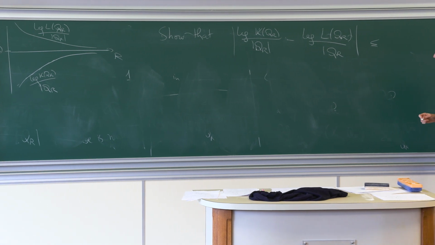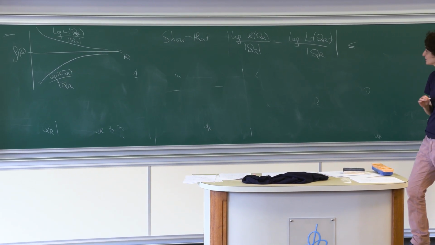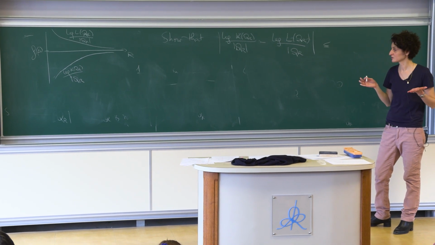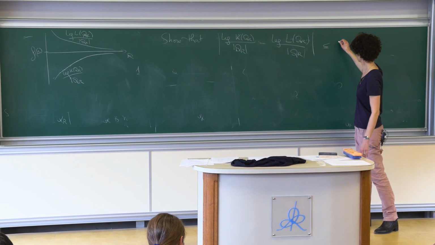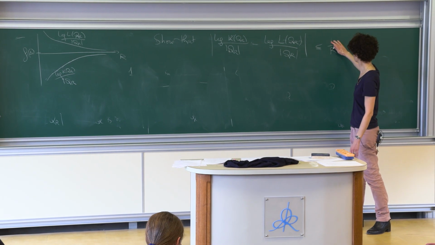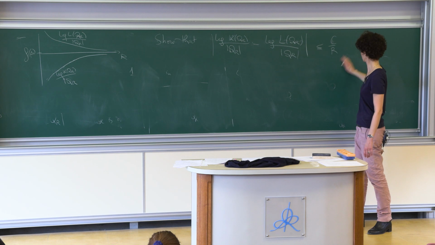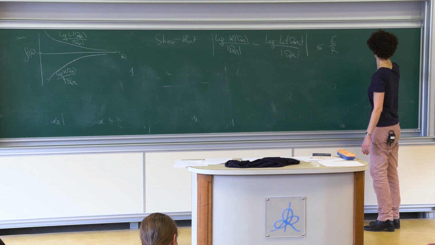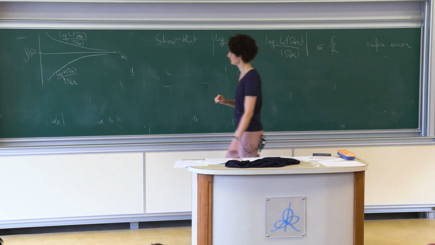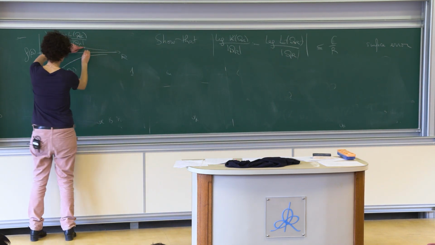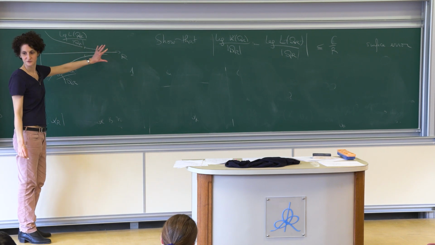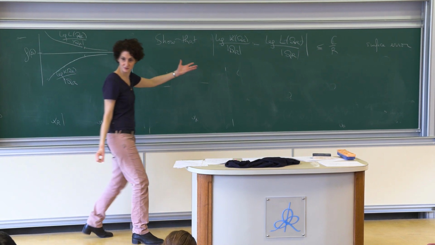So how close can I hope for them to be? I told you there's always going to be a surface error. So if you divide by the volume, the best I can hope for is 1 over R. Okay, C over R. So if these two are 1 over R close, of course you get a rate of convergence to your limit.